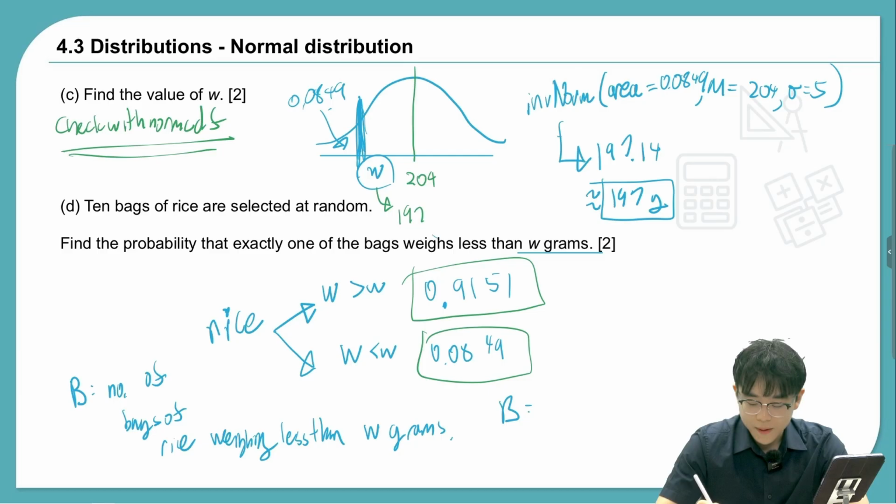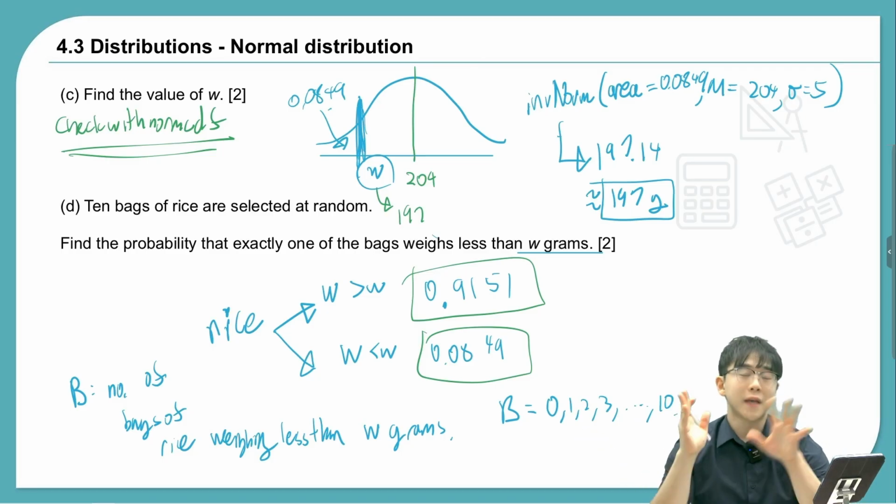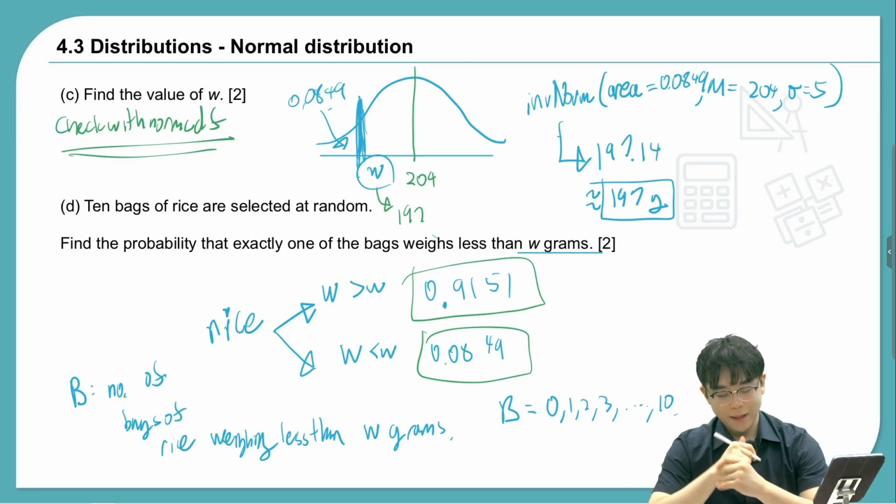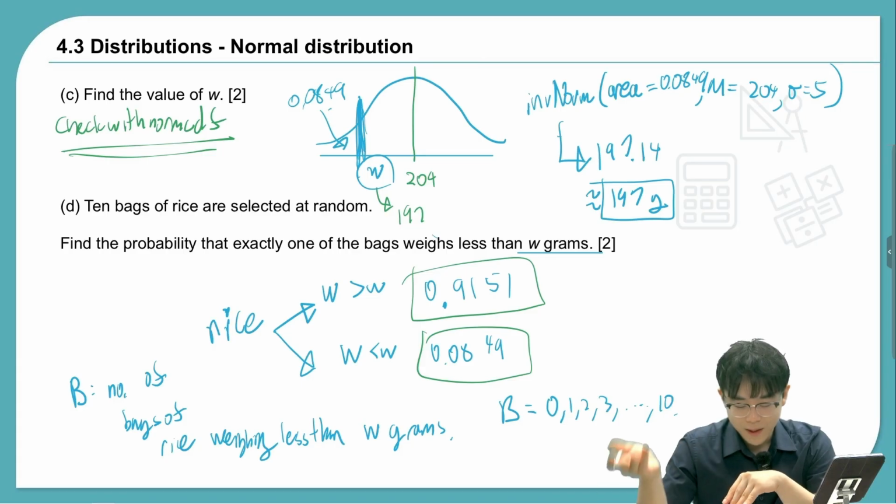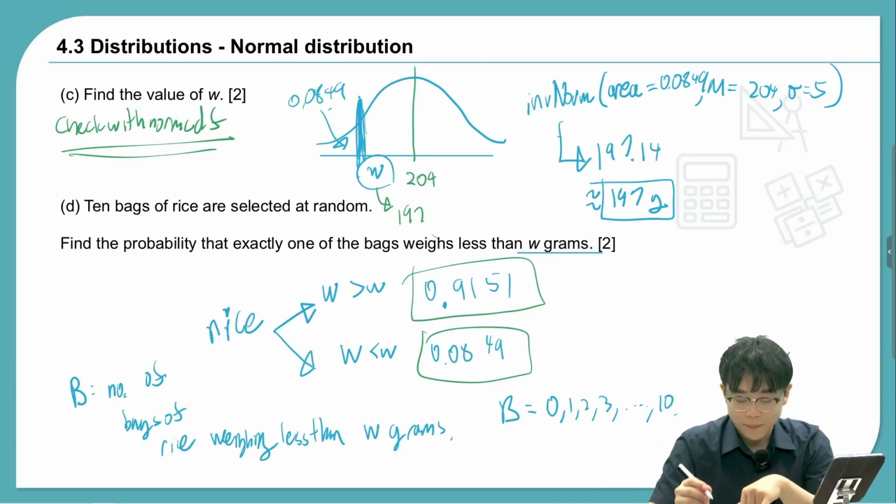Then the values of B would be anywhere between 0, 1, 2, 3, all the way to 10, right? Because we have 10 bags total, we could have 0 bags all the way to 10 bags that are weighing less than W grams, right?